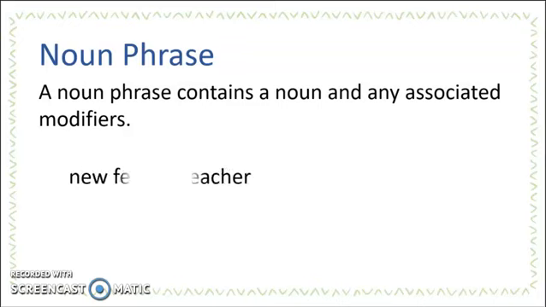For example, take a look at this group of words: new female teacher. This group of words has a noun, which is teacher, and other associated modifiers. Therefore, this is a noun phrase.